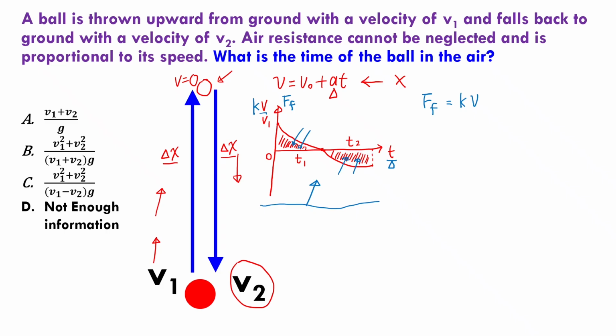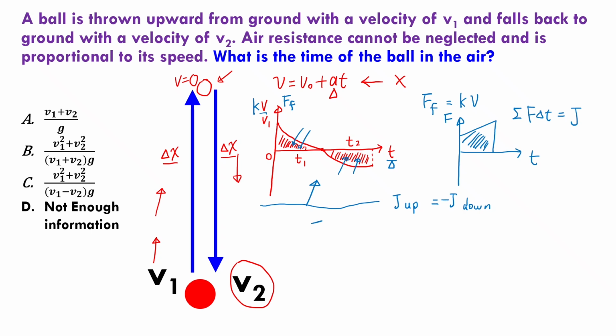And what does this mean? We know that if we have a force versus time graph, the area under the force-time graph is the impulse. So basically, what we learned here is the impulse going up and the impulse going down have the same magnitude, but opposite sign.